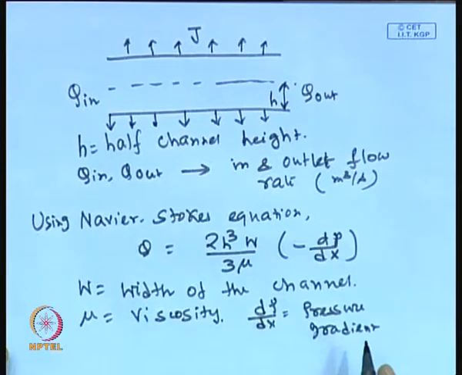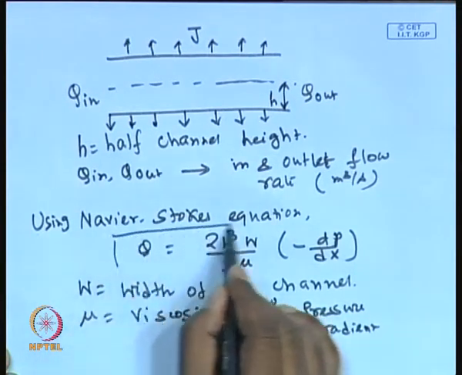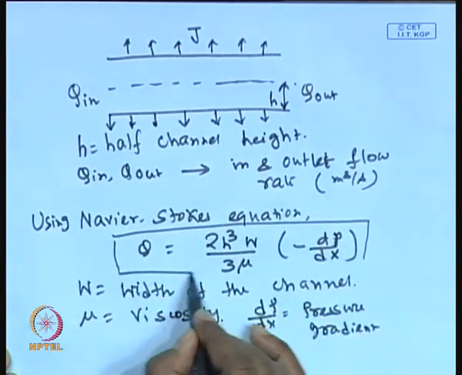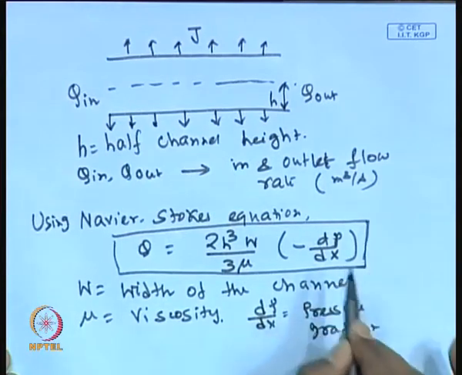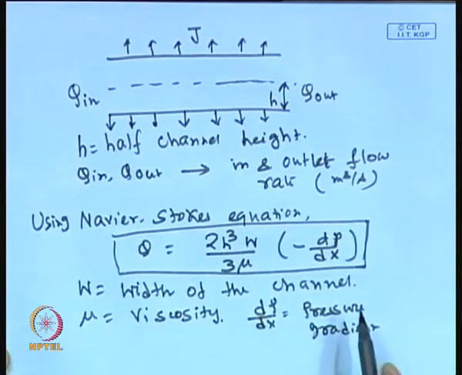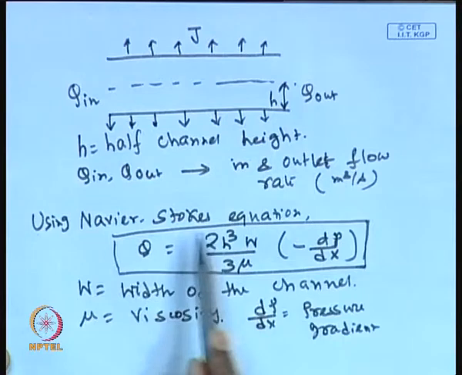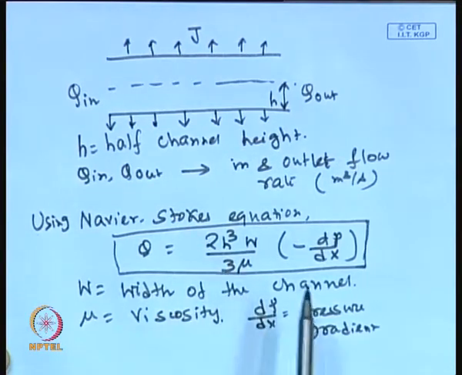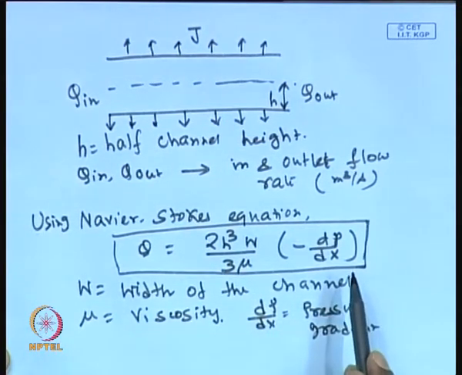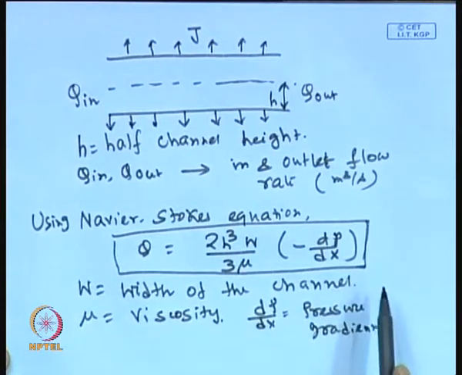Now, let us look into this equation. There is a limitation of this equation as far as the present case is concerned. The limitation is that this equation, derived from the equation of motion, is valid for an impermeable wall. Okay. But in our case, the wall is permeable.